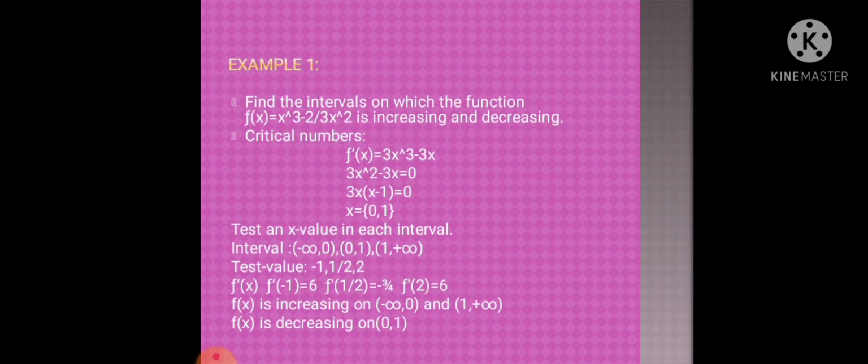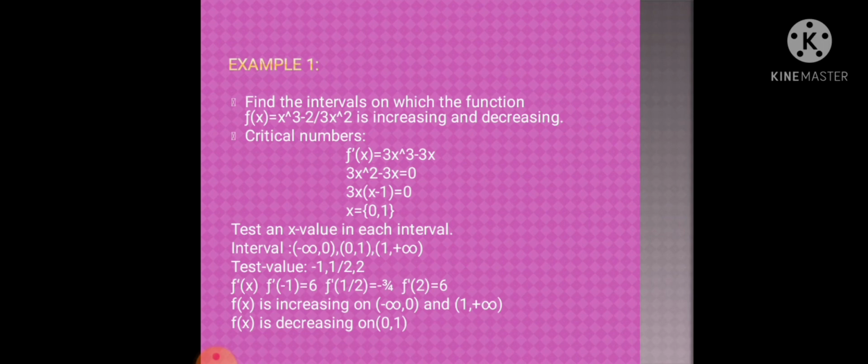For example, number 1: find the intervals on which the function f(x) is equal to x cubed minus 3x squared over 2 is increasing and decreasing. So, critical numbers. f'(x) is equal to 3x squared minus 3x. So f'(x), we set it equal to 0.